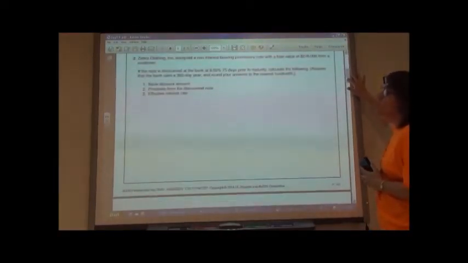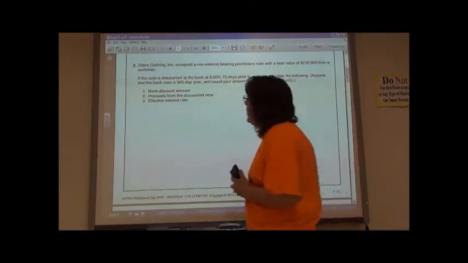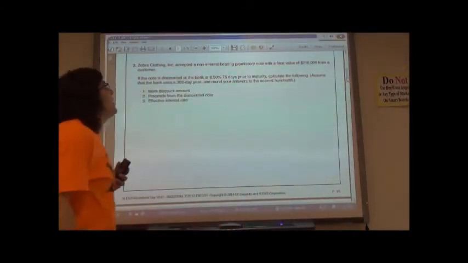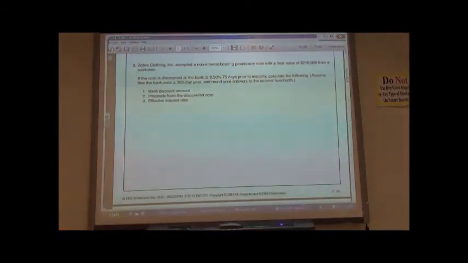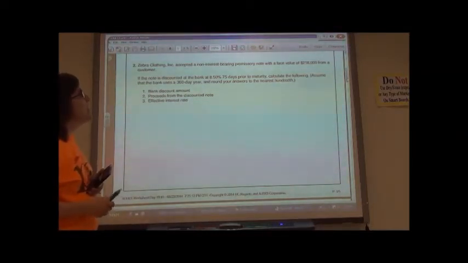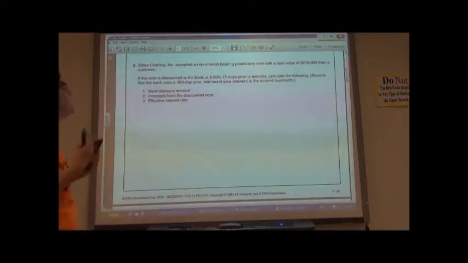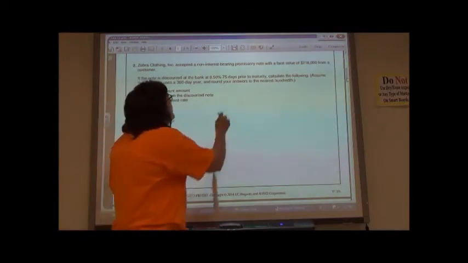So number 2, Zebra Clothing Incorporated accepted a non-interest bearing promissory note with a face value of $216,000 from a customer. If the note is discounted at the bank for 8.5%, 75 days prior to maturity, calculate first of all the bank discount amount.